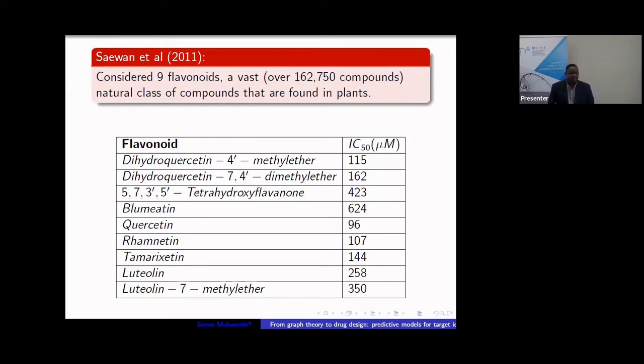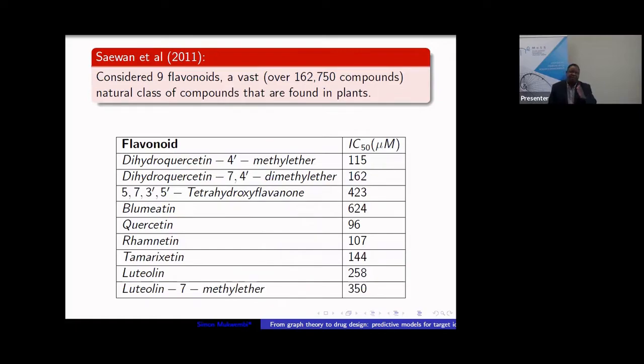They said, well, we have obtained a grant, we have obtained some money, and we can buy some chemical compounds. We can take them to the laboratory, depending on our budget, and we can test their effectiveness in inhibiting that enzyme. And they did so. They took some flavonoids. Actually, they took 9 flavonoids.